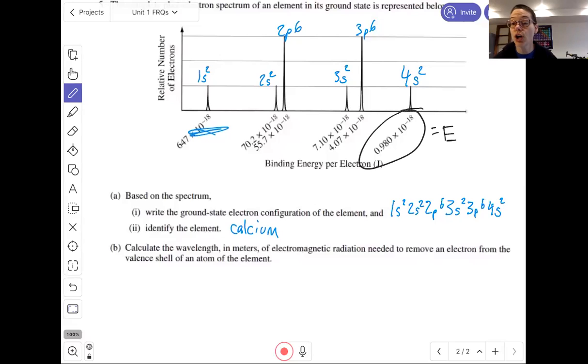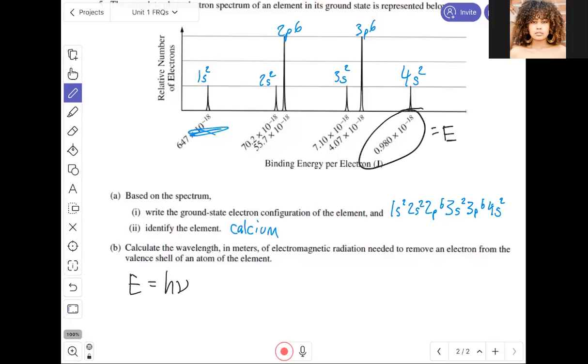So if you look on your formula sheet, how do we get frequency? We have this formula, right? And what is the question asking for? A wavelength.